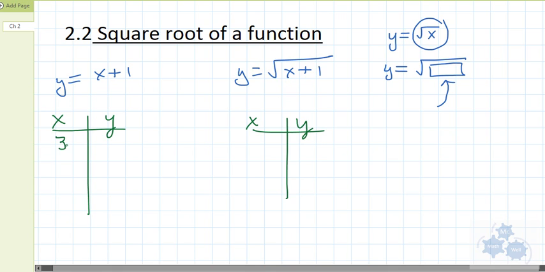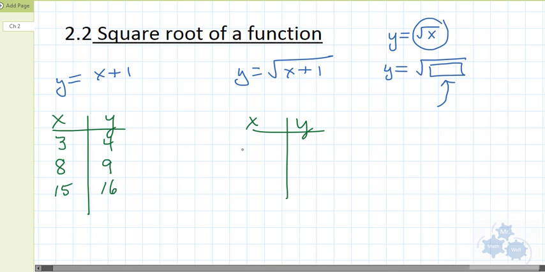So what about 3? If I pick 3 here, y is going to be 3 plus 1, which is 4. If I pick 8, this is going to be 9, right? And if I pick 15, y is going to be 16, right?